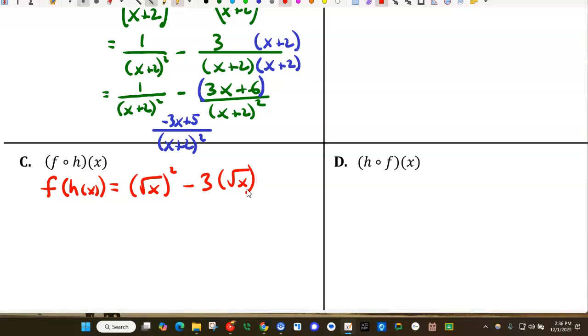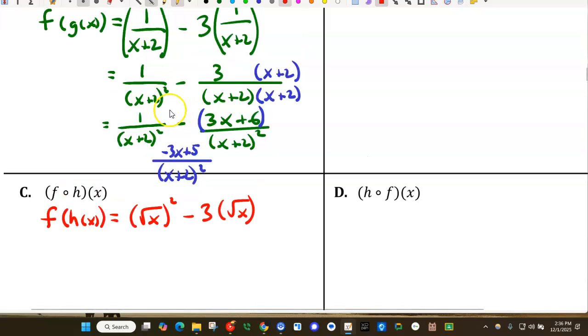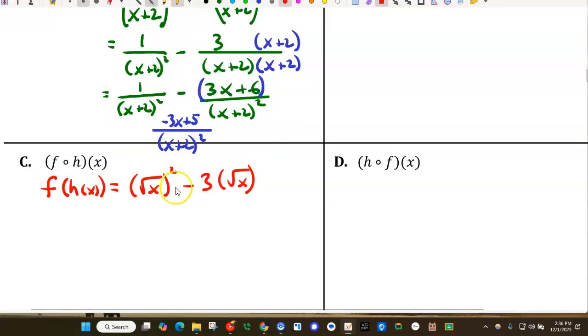And lucky for us, this one is much simpler to simplify. So square root of x squared equals x. And then the second part, 3 times root x, is just 3 root x. We can't simplify anything. And that's it. That's all we can do here.